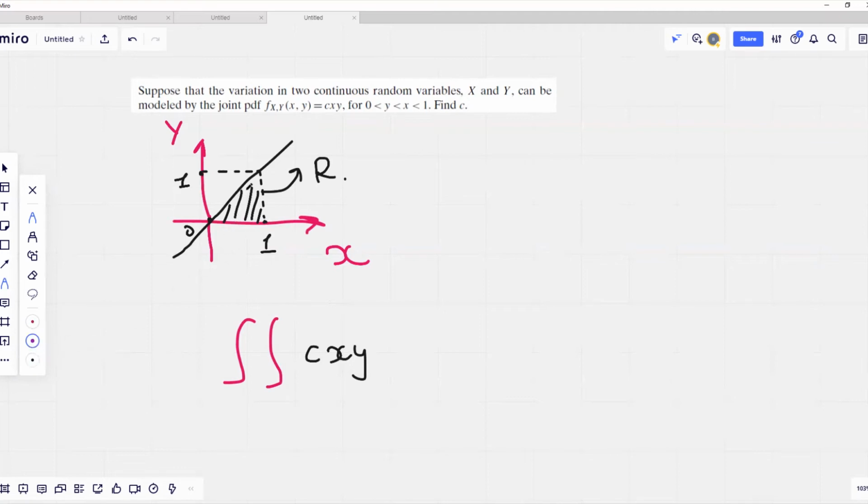So let me show that. From y equal to 0 to y equal to x. And boundaries for x will be from 0 to 1.